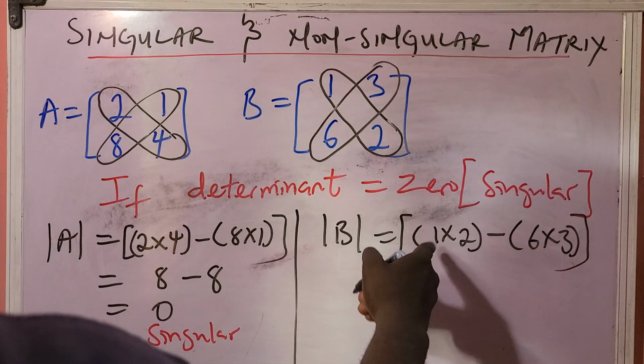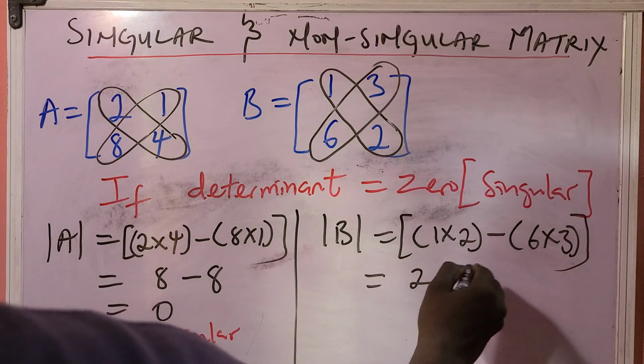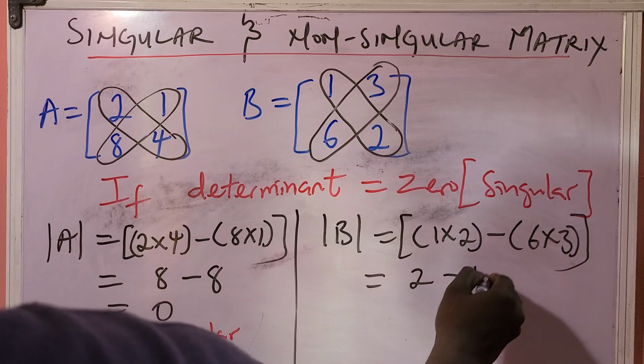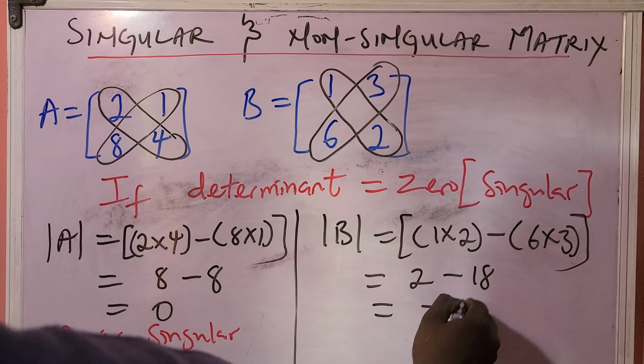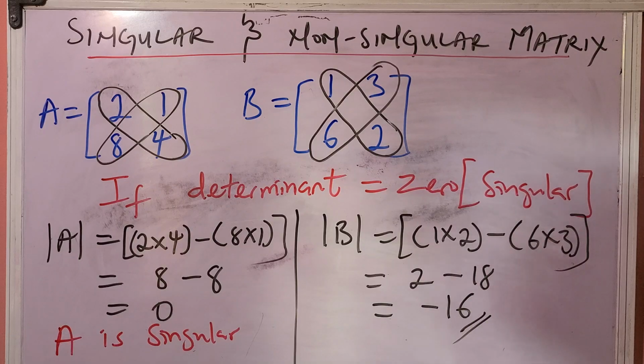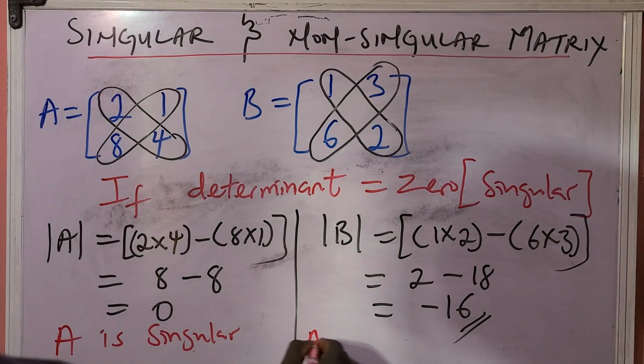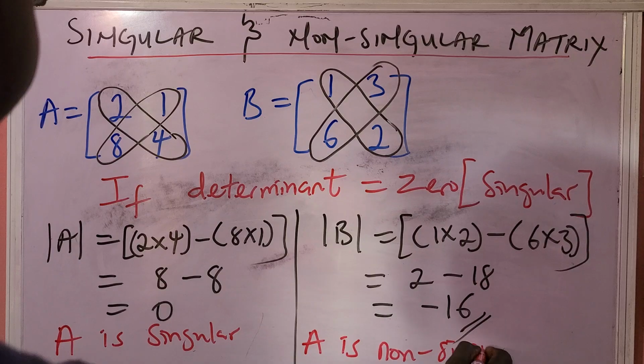So let's find out. 1 times 2, that's 2, minus 18. So what we have here is minus 16. Now, minus 16 is non-zero. So we conclude that B is non-singular.